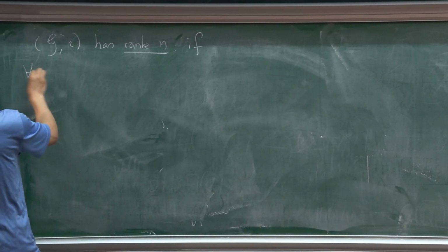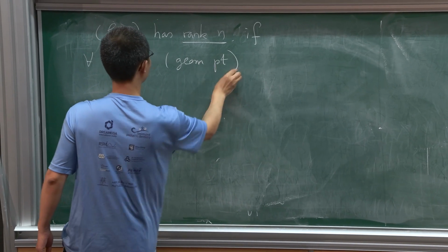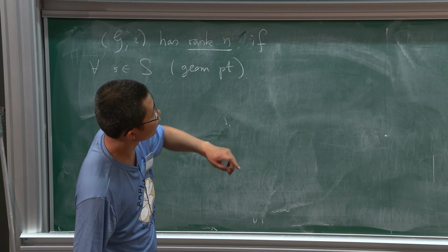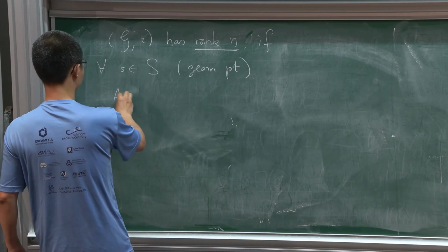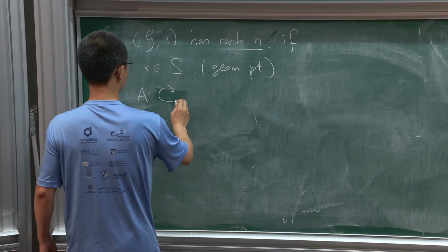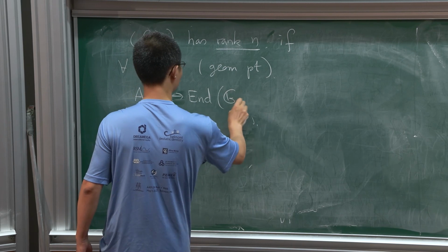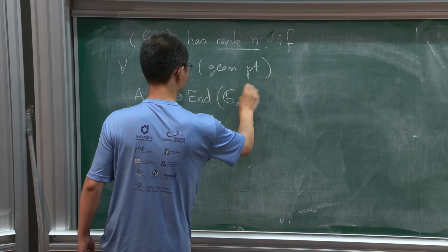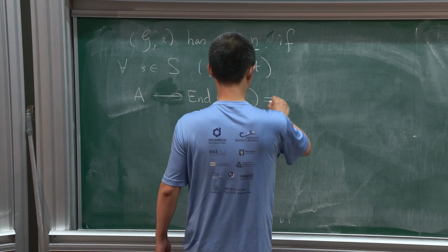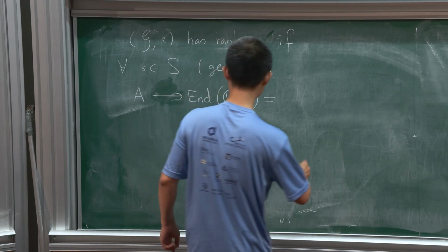So for any geometric point s, let's base change to this field situation. Then A just acts on an additive group. So this is over an algebraically closed field, an additive group over some characteristic p field.